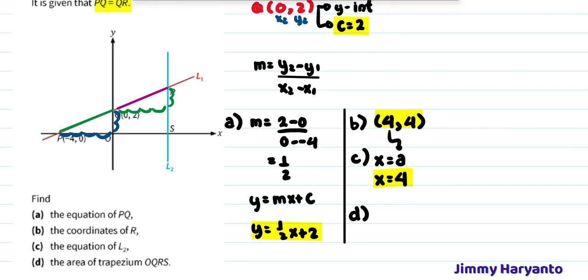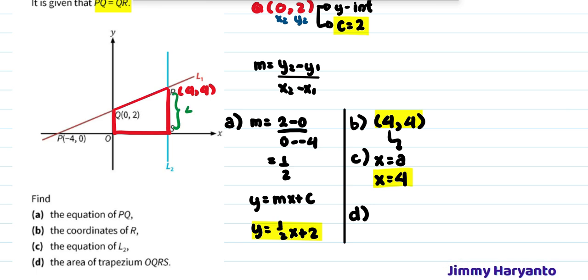Then find the area of trapezium OQRS. OQRS is this one. This is the trapezium. Okay, this one is 4, 4. That means the length of this line segment is 4, and then the length of this line segment is 2. The length of this line segment is 4.